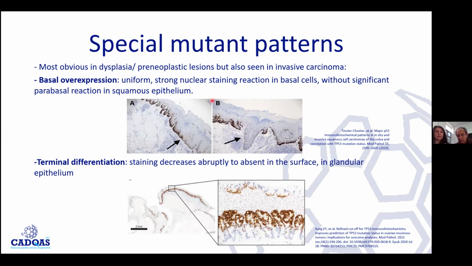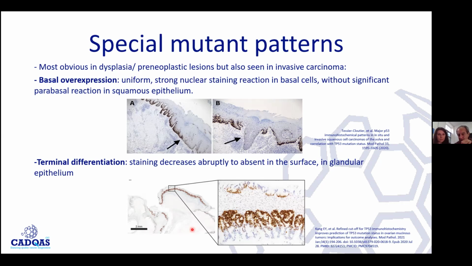And the key is a strong staining intensity pattern in the first one or two layers of cells that abruptly disappears. So it's just basally located. It's not the typical wild type pattern. In a wild type pattern, even if you have such a strong expression at the base, you would expect a gradual decrease in staining intensity as you move upwards.